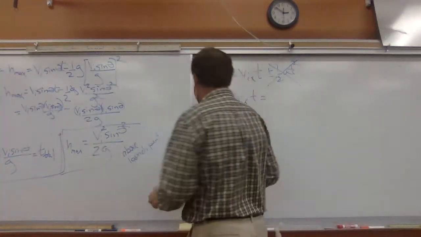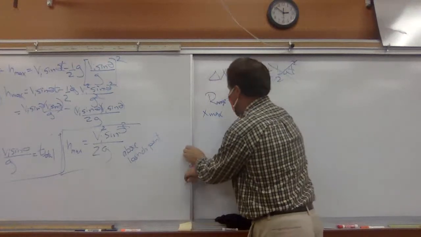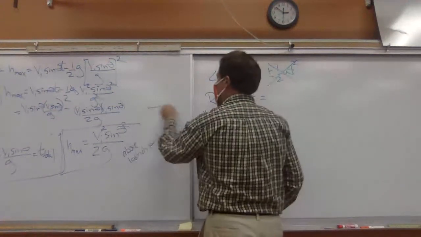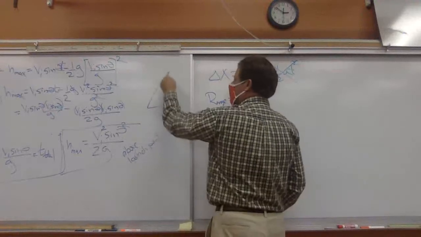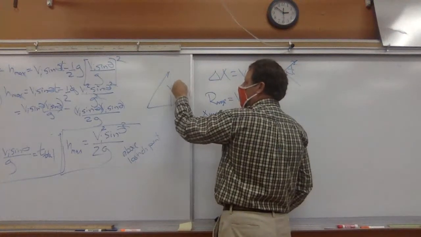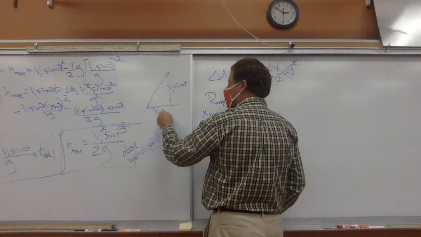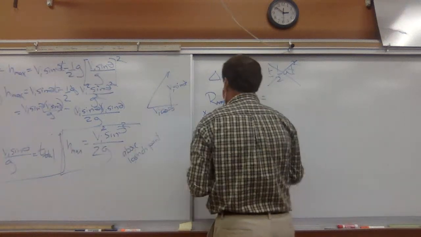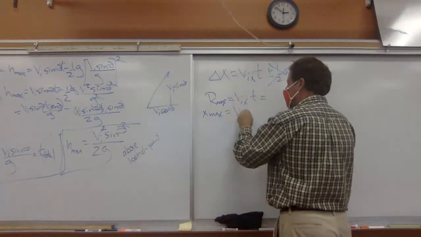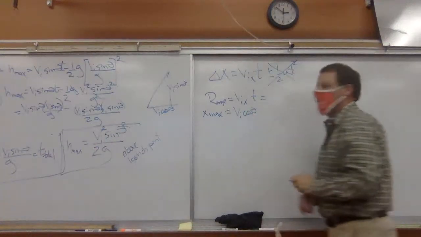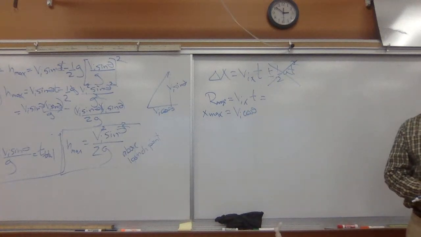Now, in the same way that if this is Vi sine theta, then this is going to be Vi cosine theta. So our initial velocity is Vi cosine theta.